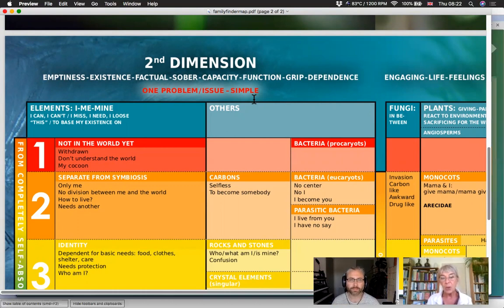Now, what is also a 2-dimensional context, not only the more sober consultation, the more simple issue, the more one problem. It's all about the words that you see there above. It's about emptiness, existence, it's about capacity, function.